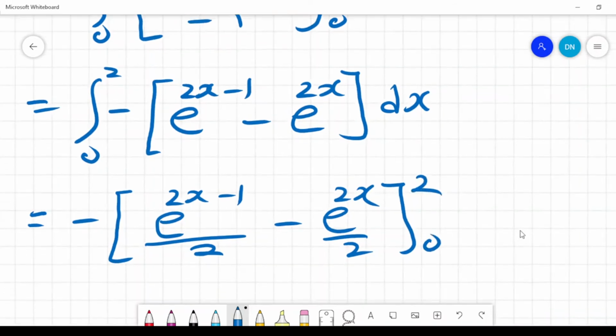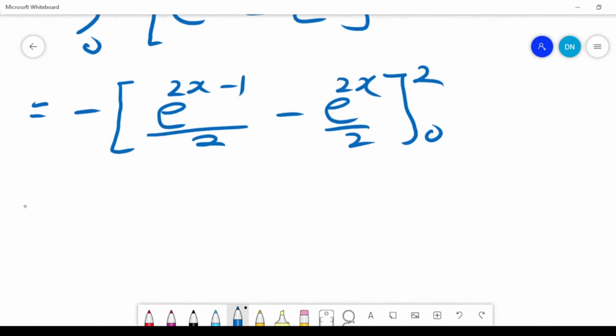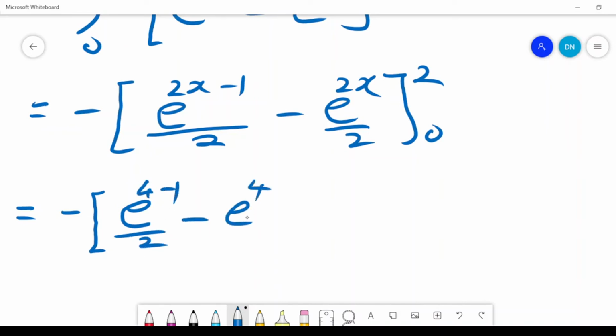And what does that give us? This takes us to negative e when x is 2, 4 minus 1 over 2, minus e raised to power 4 over 2.